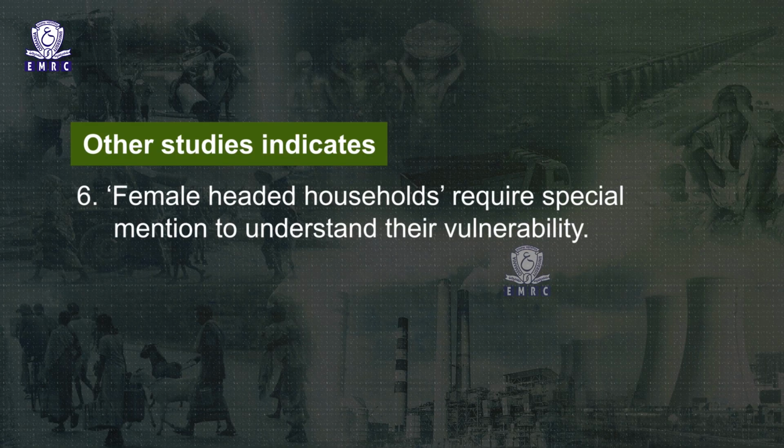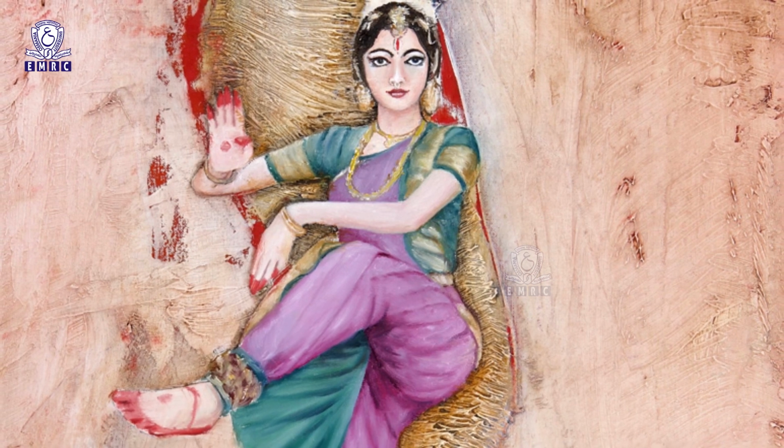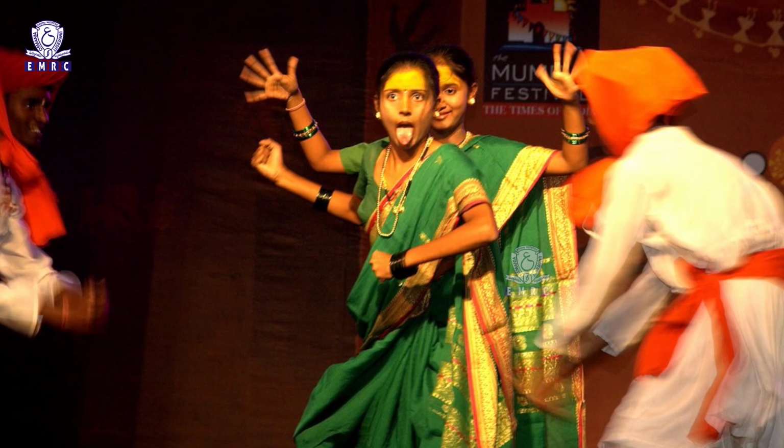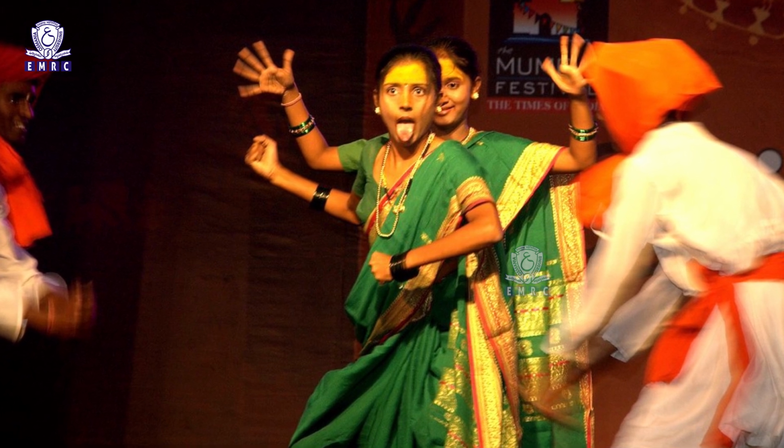And sixth, female headed households require special mention to understand their vulnerability, and sometimes the specific problems of this group are expected to be solved at the policy or at the implementation level. For example, the system of Devadasi is recognized as a cultural practice, but the rights of Devadasis are neither articulated nor recognized by the state.